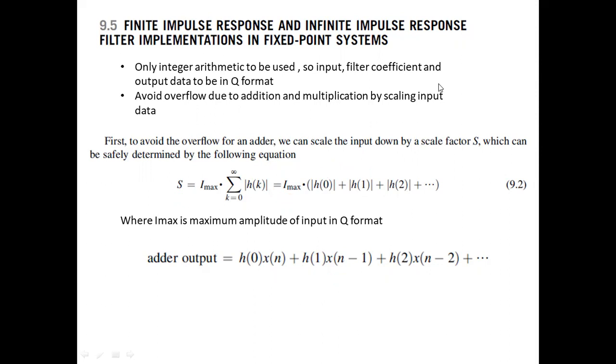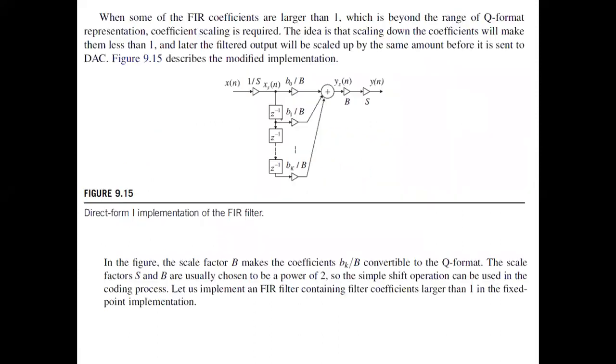Now what about the scaling factor for the coefficients, the coefficient b? Since the inputs, after scaling, will be adding up, that is why we took care of them. Whereas the coefficients of the impulse response simply multiply.